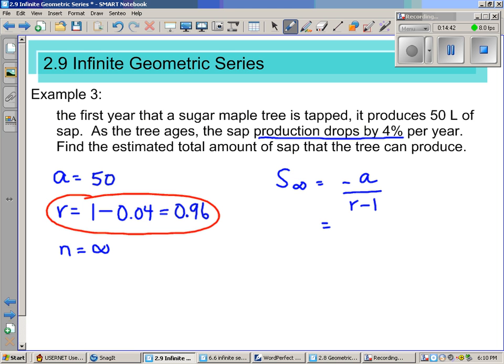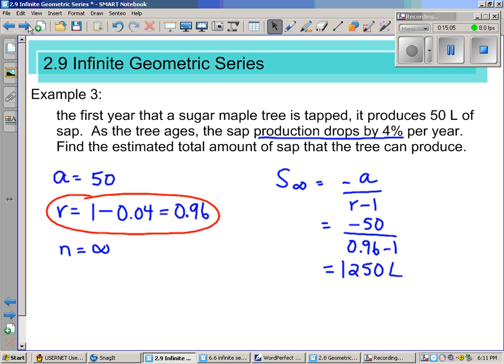A is 50, so we have negative 50. Our rate of growth is 0.96. Subtract 1. I did this out. Working that out, you should get 1,250 liters.